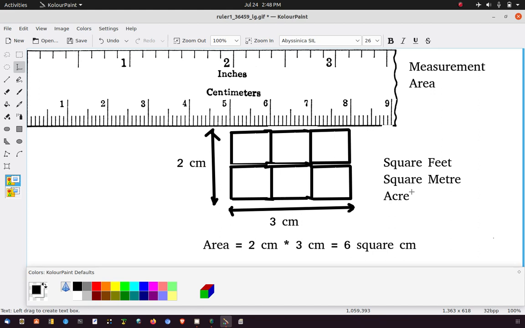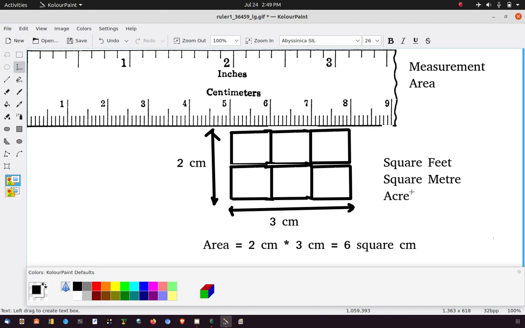So a half acre is more than 20,000 square feet. Alright? But you can look up the exact figures if you really want to do that. But you do have some unit converters which you can download and install and convert from one unit of area to another. Not just area, but lengths and other units as well.